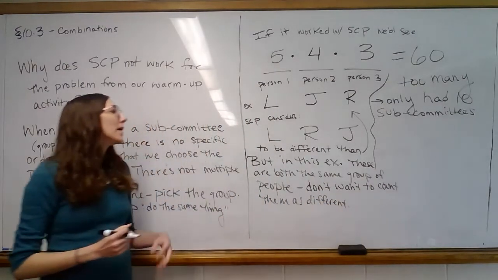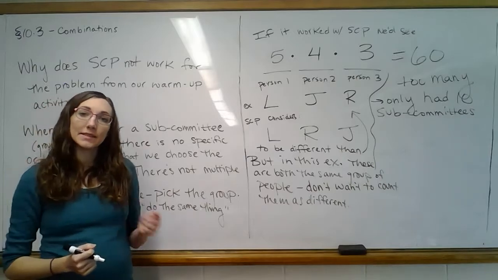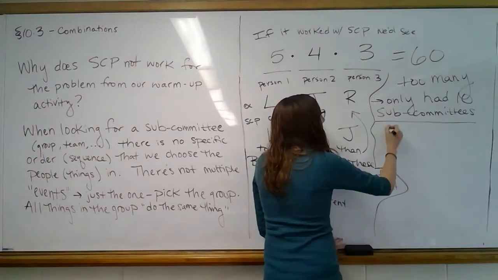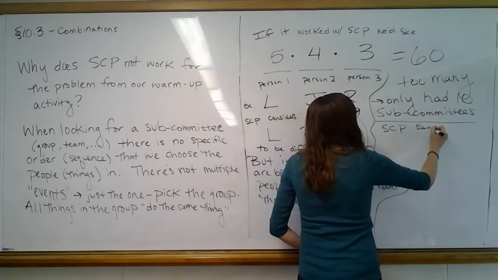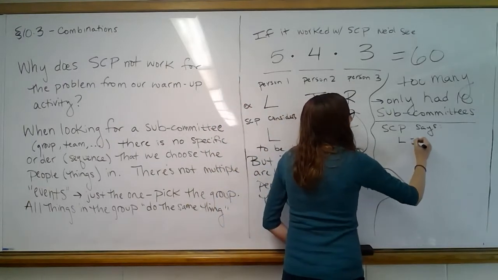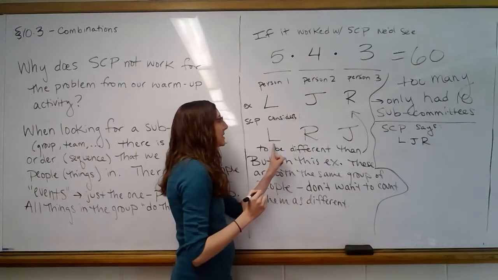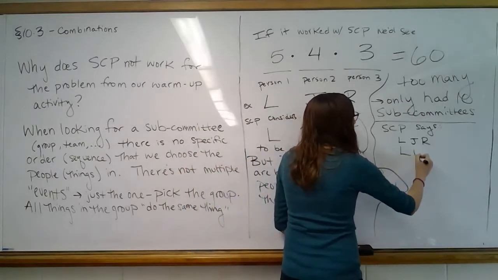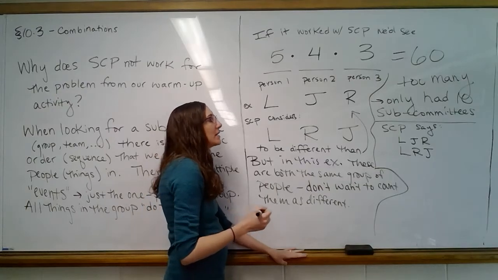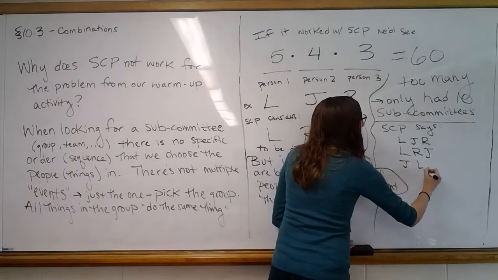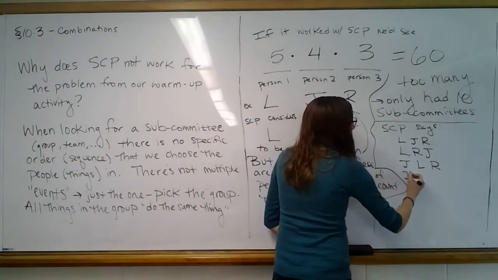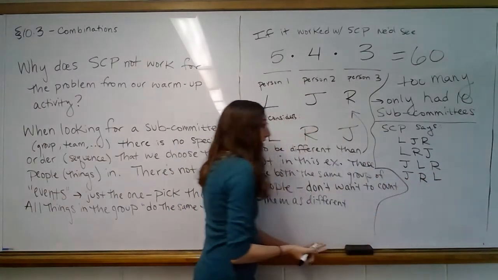If we think about what else it would have counted as different, sequential counting says that LJR is different from LRJ. And that would be different from picking Jerry first, and then Leslie, and then Ron. Or picking Jerry, and then Ron, and then Leslie.